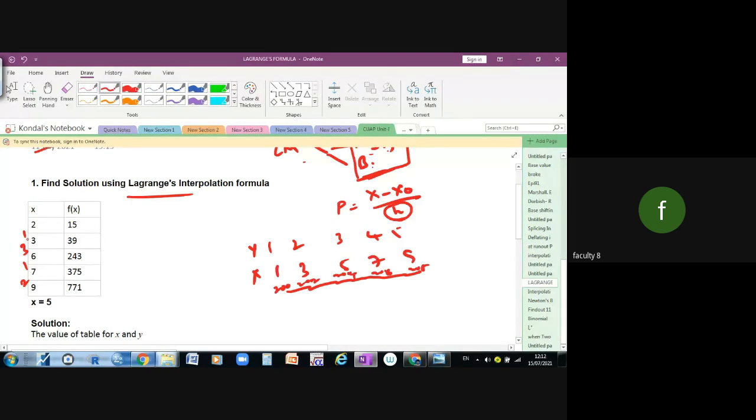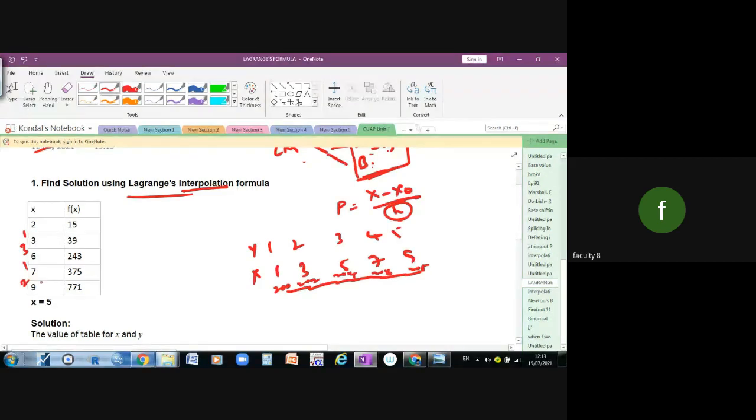So that is the main difference between the Lagrange method and other methods. When somebody asks a question by giving data, sometimes they may not mention the interpolation method. They may just ask you to find the interpolation. You have to look carefully at the x variable values, whether there is a difference or not.